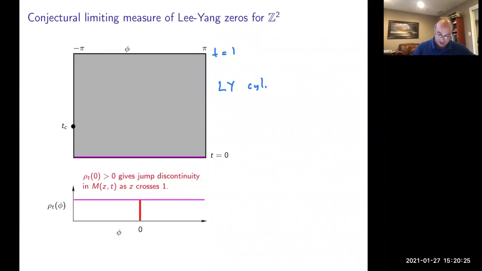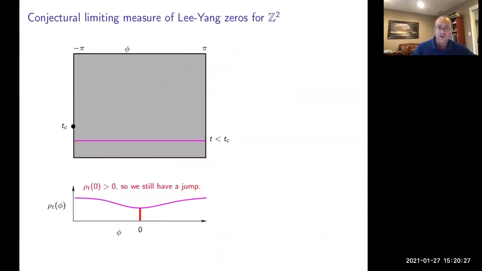And when T is small, it's expected and indeed proved that the Lee-Yang zeros have a limit that is absolutely continuous with respect to Lebesgue measure and has a positive density. And there's still the magnetization, the density at 0.